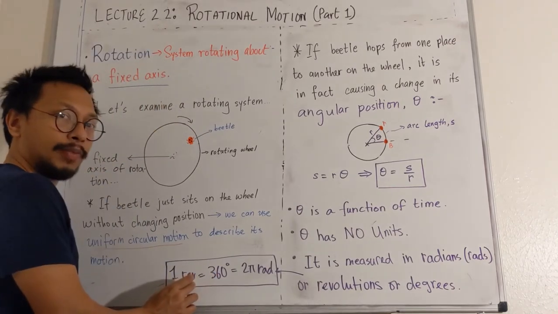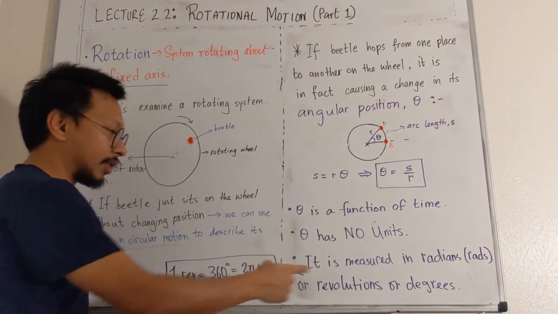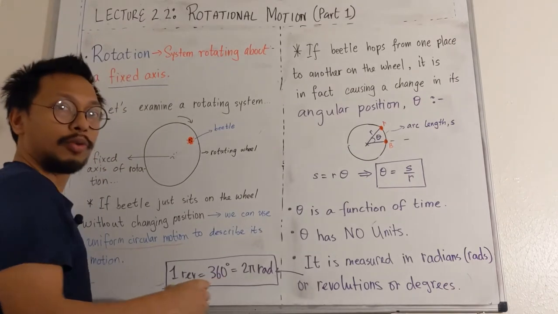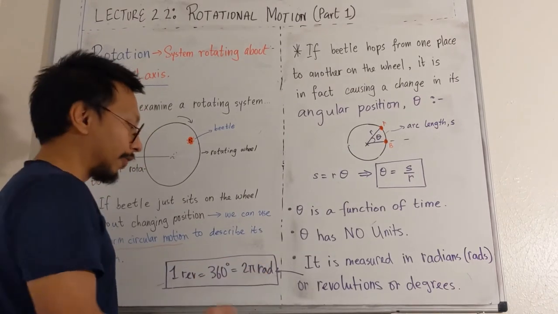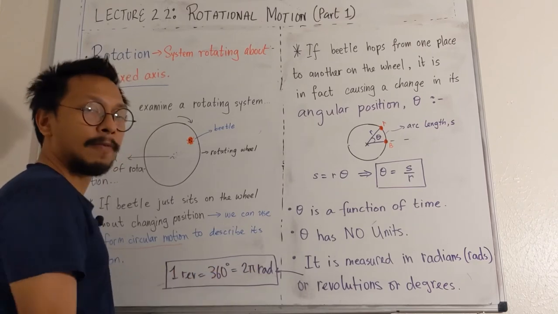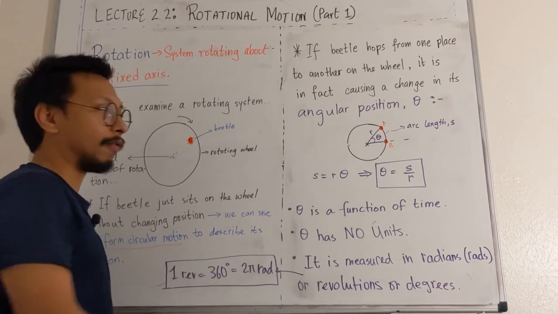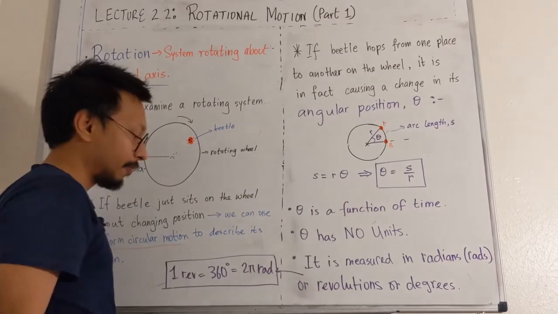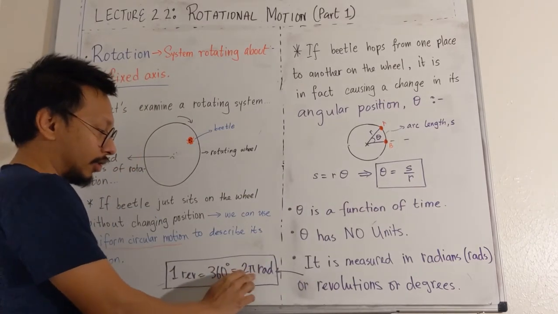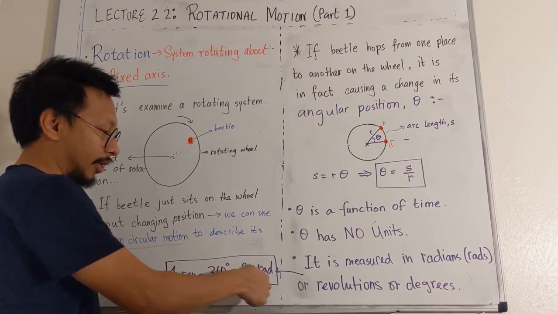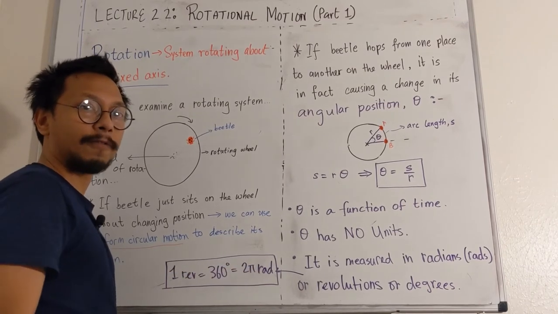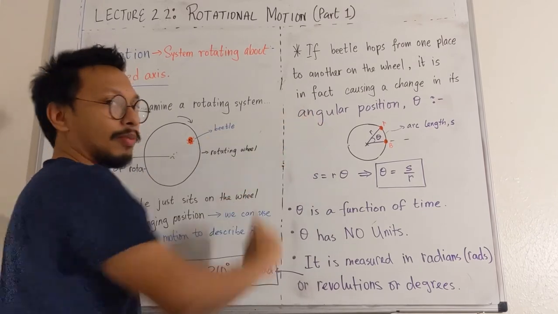One revolution is one kind of measure of this theta, equal to 360 degrees, and that is equal to 2 pi radians. Okay, so if you want to go between these three different measures of angular position, then you have to use these conversion factors. That shows us that revolutions, degrees, and radians are three different measures of the same thing, angular position.